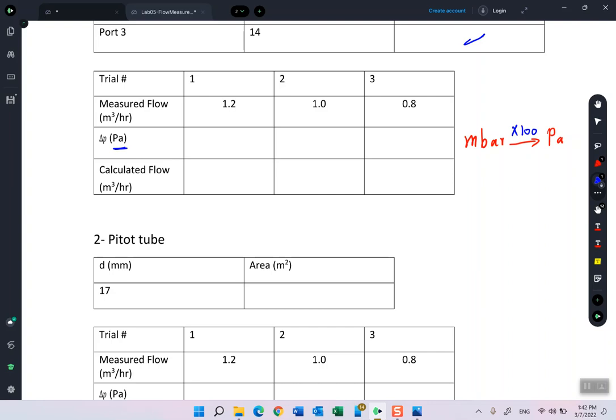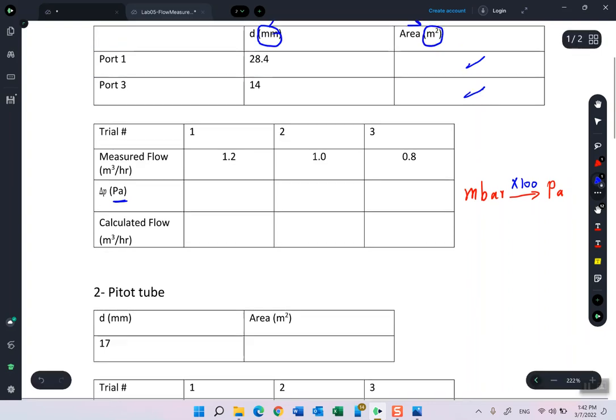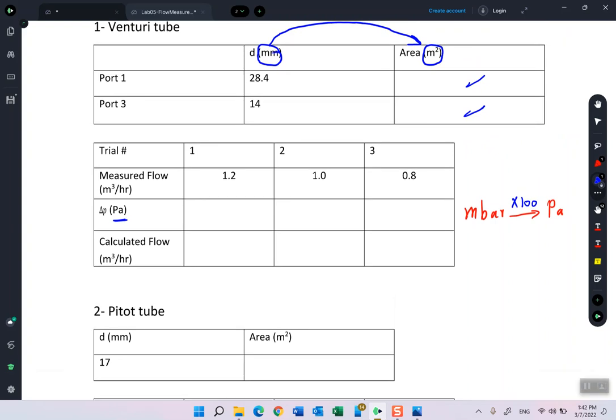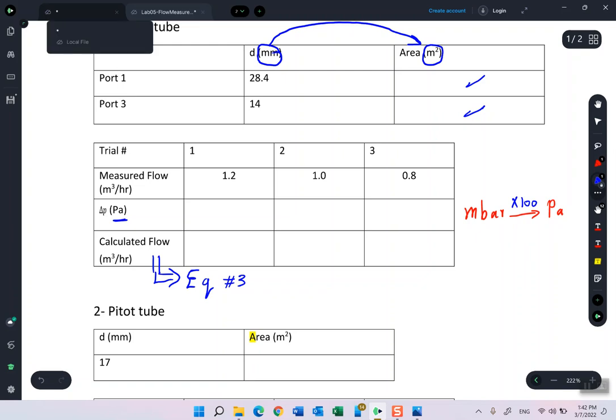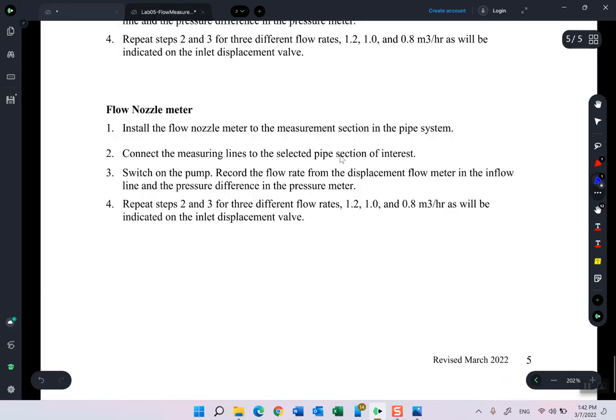Great. So for the calculated flow, of course, very easy. For the Venturi tube, you will use equation number 3 that is shown in your lab manual. Again, there is something that you should be very careful about here. There is something tricky.